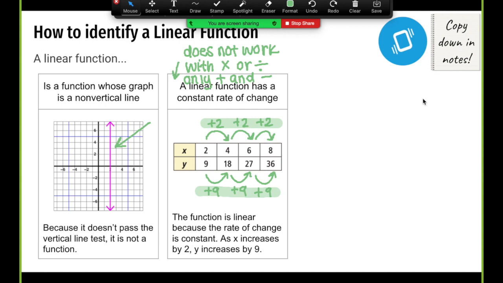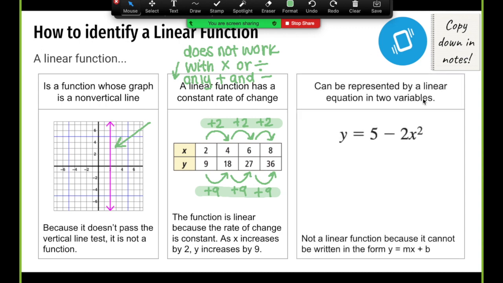And the third rule to always follow is that it has to be represented by a linear equation in two variables. So for example, if we look at y equals 5 minus 2x squared, I'm going to rewrite it in the form where we have y equals mx plus b.